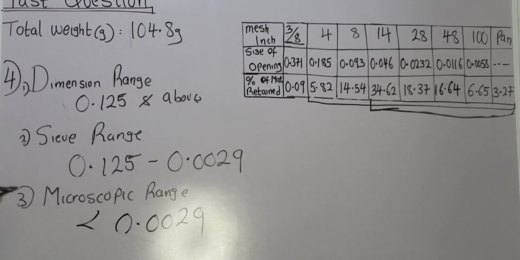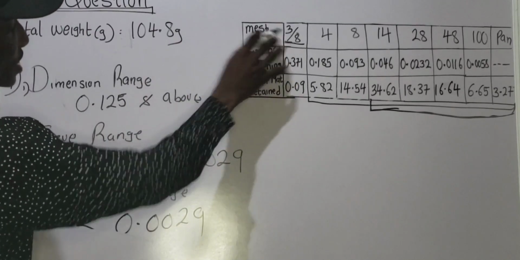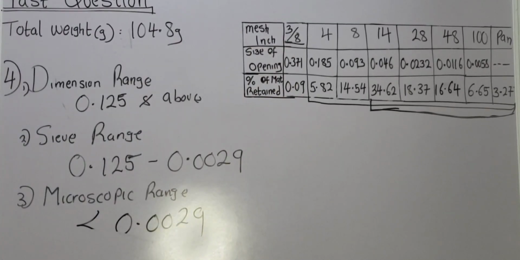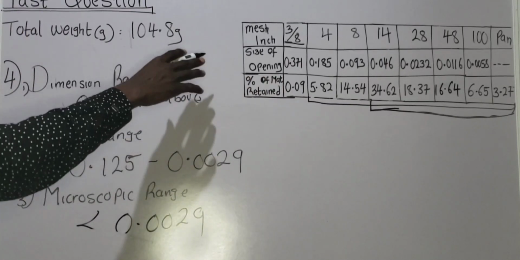Please, it is very, very important that you understand this. This is the size of opening of mesh 3/8, and I told you that the size of openings tells us the size of materials that can pass through each mesh. You understand? So we have 0.371 as the size of opening of mesh 3/8.